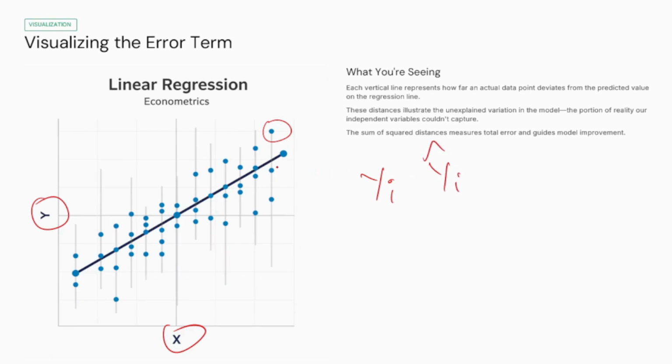And this straight line is also called the regression line, and it can be written as yi hat is equal to alpha hat plus beta hat xi. Okay, and the difference between this actual value and the estimated value will be called the error term or the estimated error, and we can write this as epsilon hat is equal to yi minus yi hat.